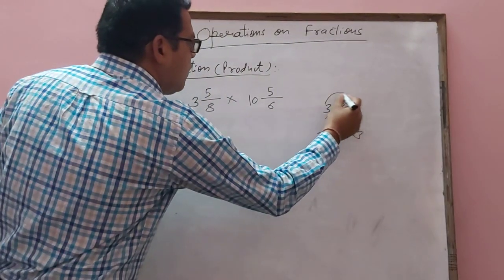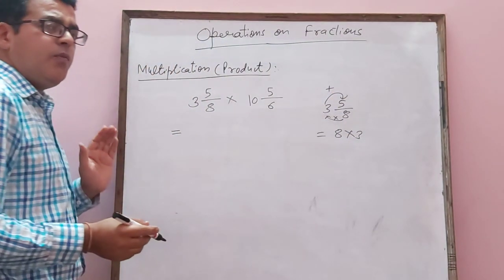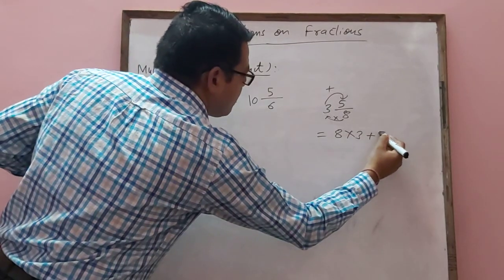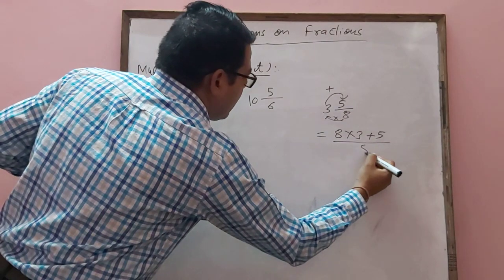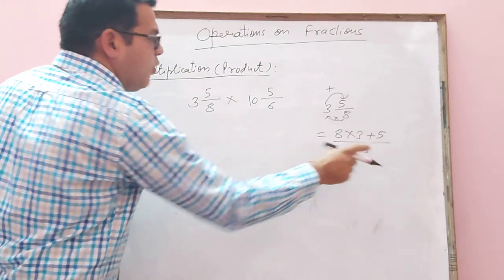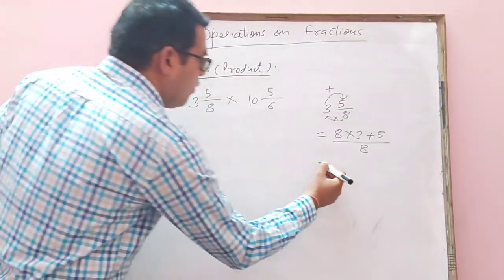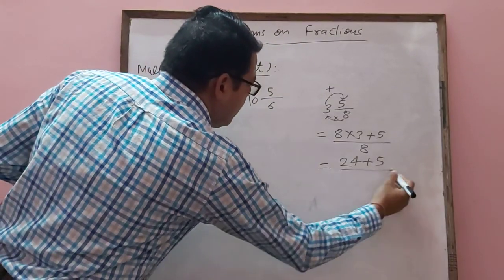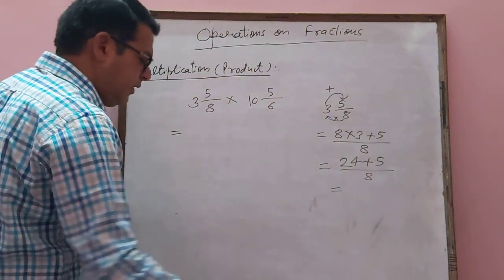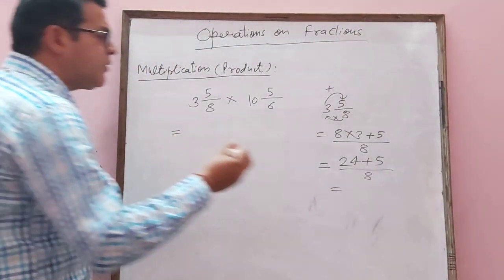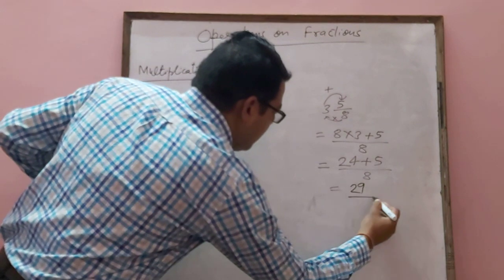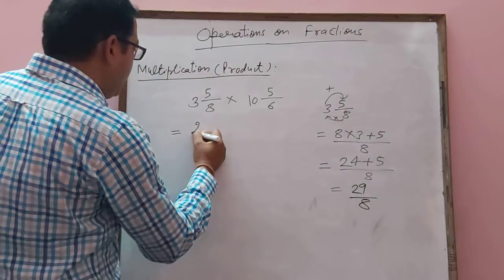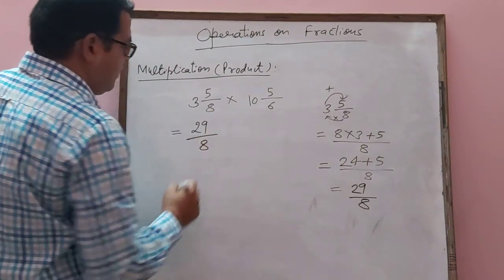Then whatever the product comes, we add this 5 to it, and downside we write 8 since 8 is the denominator, right? So 8 threes are 24 plus 5, then 8 below. So 24 plus 5 is 29 by 8.